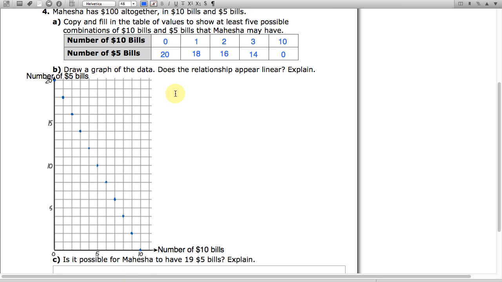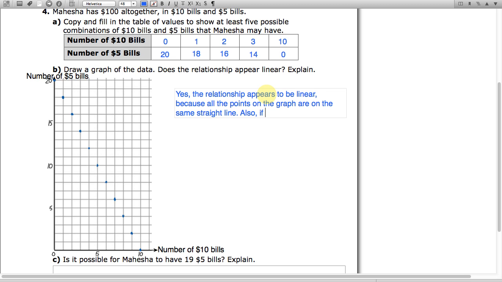So asking if the relationship is linear, you can answer yes. Sorry, I need to spread this out a little bit more. Just a little bit more room to answer this. So yes, the relationship appears to be linear, and it's because all the points on the graph are on the same straight line.